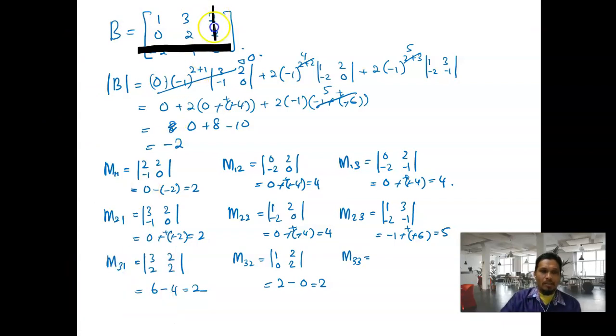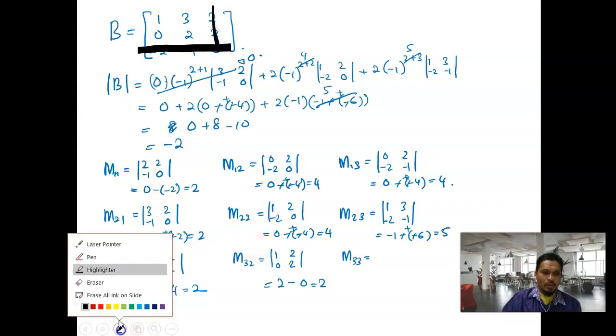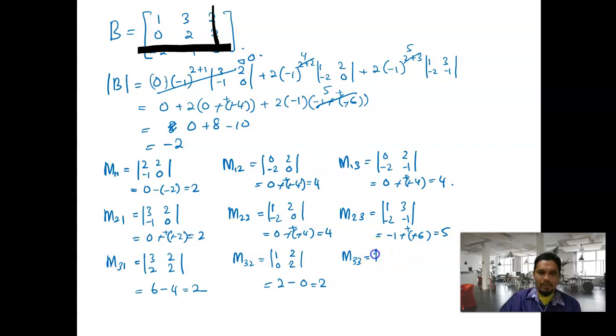And here for this, we have 1, 3, 0, 2. So 1 times 2 minus 3 times 0, then equal to 2. Okay, so now these are all the minors of the matrices.